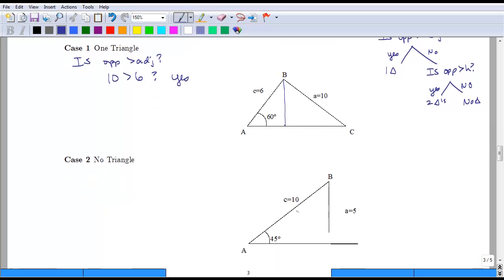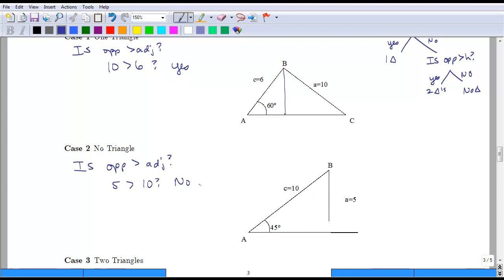The case of no triangle is when we don't have enough length. First, again, we ask ourselves, is the opposite side greater than the adjacent side? In this case, we have 5. Is that greater than 10? Well, no, it's not. So then we need to calculate h. h is going to be this adjacent side, 10, times the sine of the angle given, which is 45 degrees.